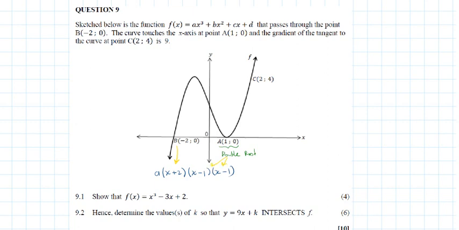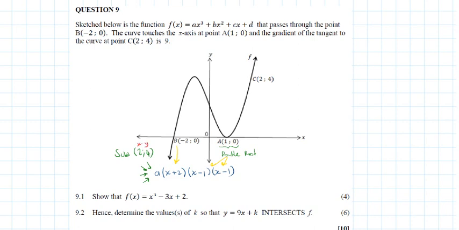Now, to find a, as in the beginning, we need to make a substitution. We must substitute another point on the graph, 2 and 4. Basically, that's my x and that's my y.